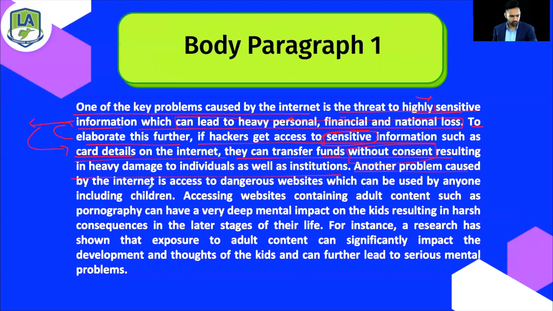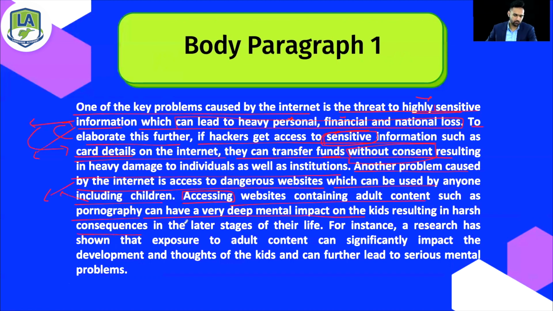Another problem caused by the internet is access to dangerous websites, which can be used by anyone, including children. So one problem is sensitive information. Second is access to dangerous websites, which children can use as well. Accessing, don't say using, accessing websites containing adult content, such as pornography, can have a very deep mental impact on the kids, resulting in harsh consequences in the later stages of their life.